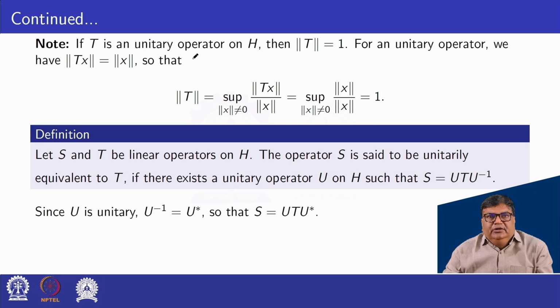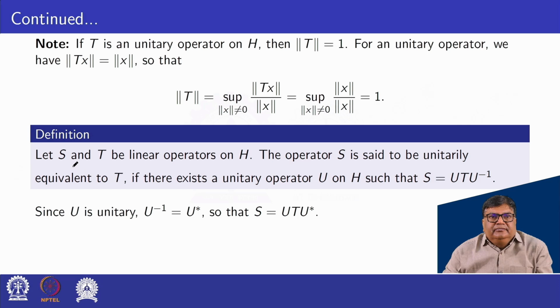So, if T is unitary, then norm Tx is equal to norm x, hence norm T is equal to the supremum of norm x upon norm x, that is 1. So, if T is unitary, then norm T is equal to 1.